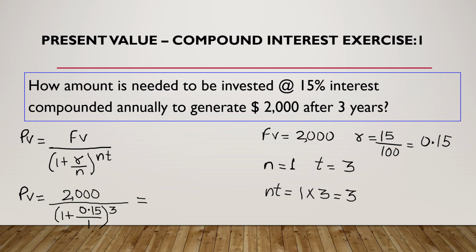So with the help of calculations, when you calculate, you will get the answer $1,115.03. So if I want to get $2,000 after 3 years at 15% compounded interest, I need to deposit $1,115.03 in the bank. We'll just take up 2 more exercises.